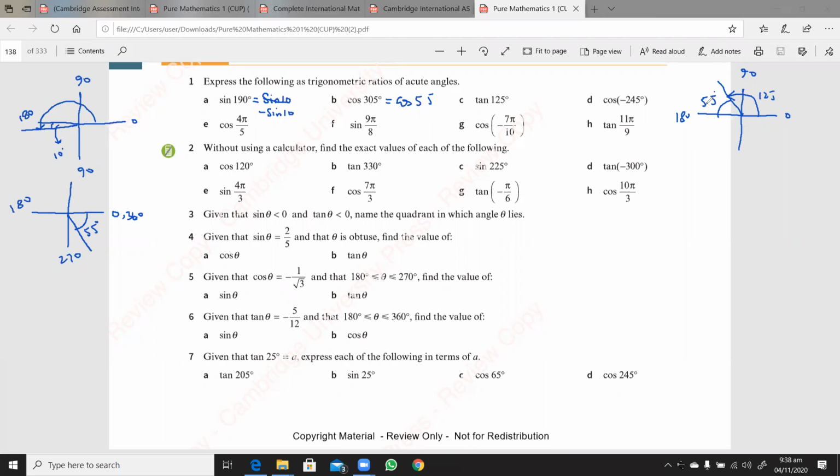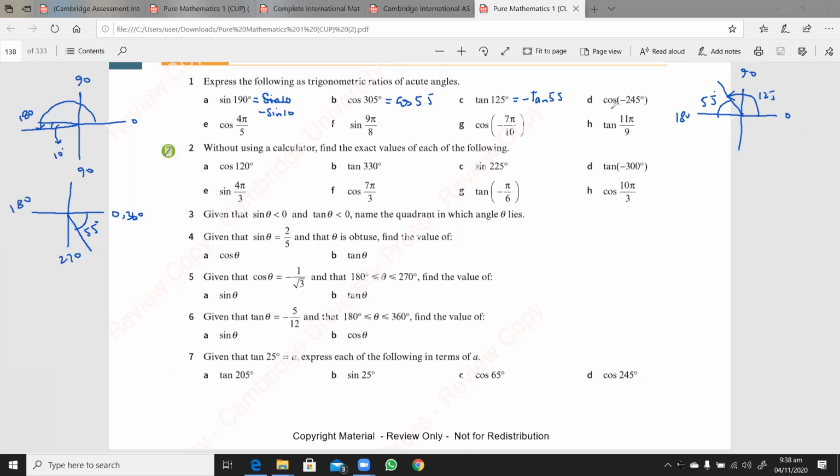Is it positive here or negative? It's negative. It's going to be minus tan 55. And please check from your calculators. They should have the same values, okay? So check tan 125 and then check minus tan 55.